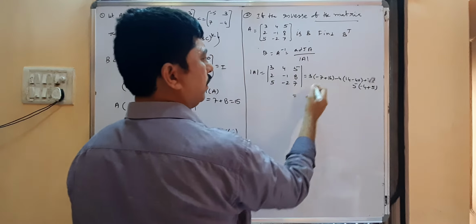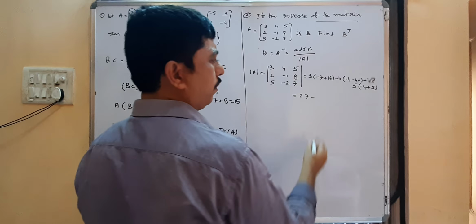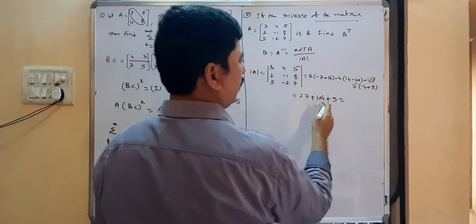This gives 27, plus 104, plus 5, that is 136.